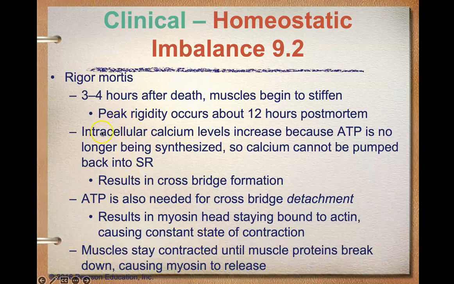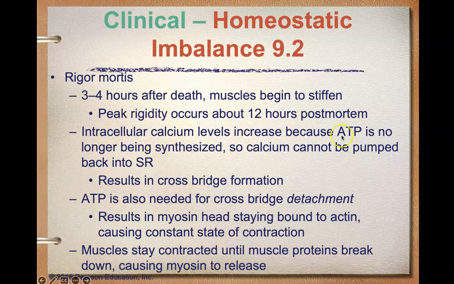The other interesting thing is that intracellular calcium levels will actually increase because ATP is no longer being synthesized. So the calcium can't be pumped back into the sarcoplasmic reticulum. We haven't really talked about that, but after muscle contraction, after you stop getting the signal from that motor neuron for that muscle cell to contract, ATP is used to pump that calcium back into the sarcoplasmic reticulum.